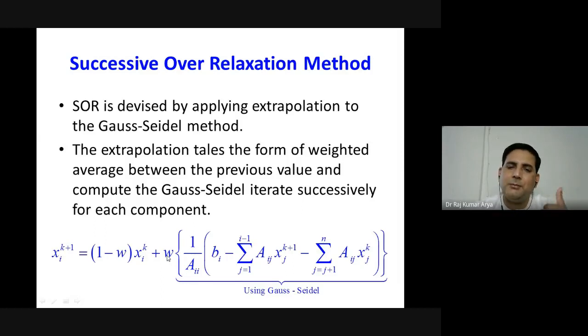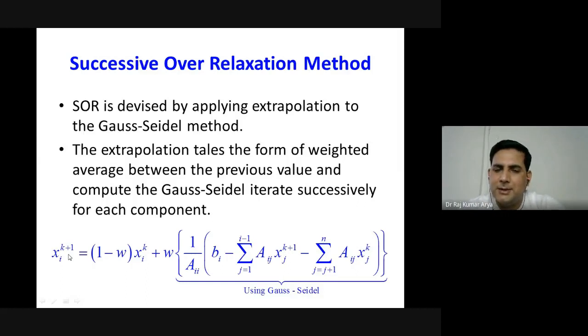You have the freedom to choose how much weightage you want to give. But based on previous practice, people have given a range for that. This is the same thing, only the new value is calculated in this way: you give 1 minus W weight fraction to your previous value and W to the new updated value, and the procedure is calculated from your Gauss-Seidel one. Only to update a new value, you just calculate it from here.